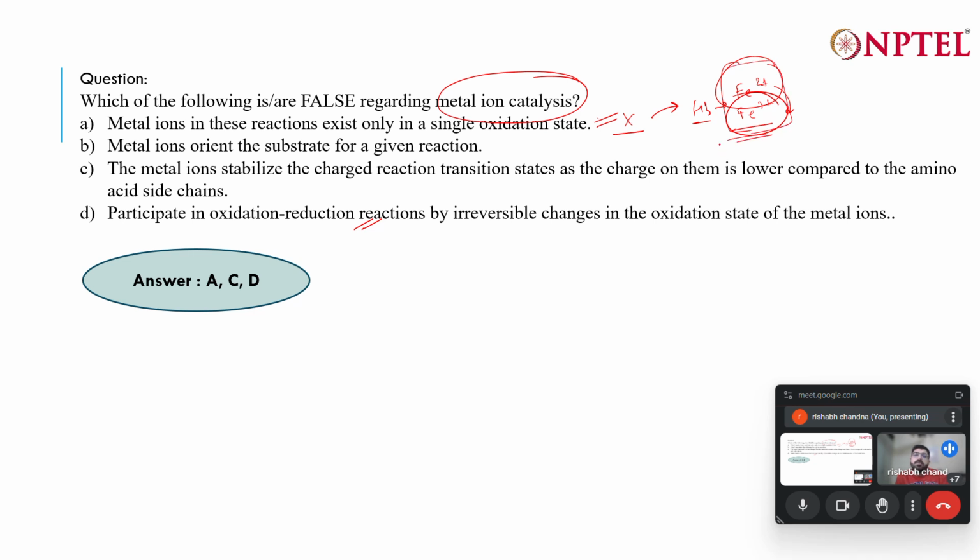Now, metal ions orient the substrate for a given reaction. Yes, this is correct because this helps in the orientation of the substrate molecules in the active site.